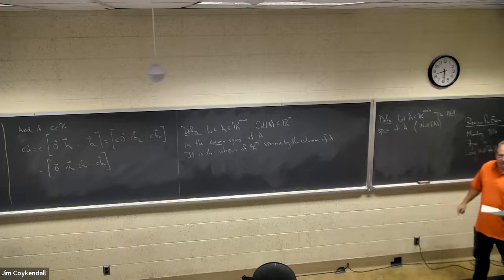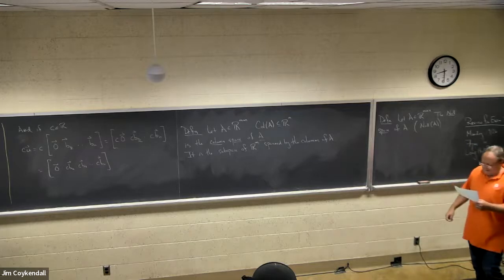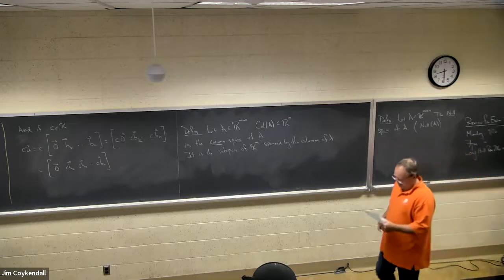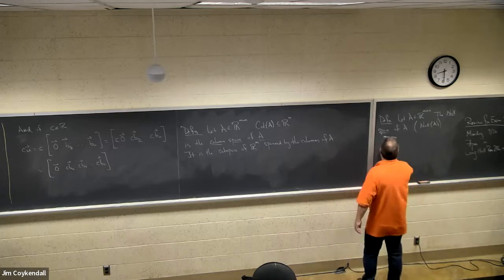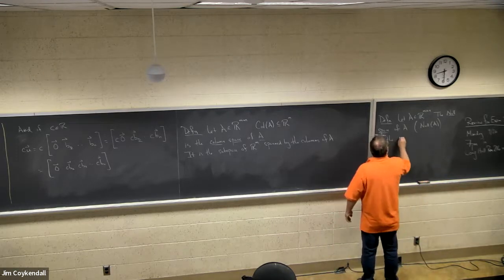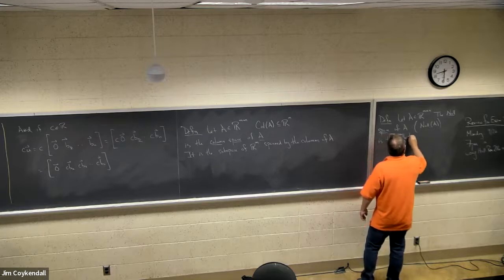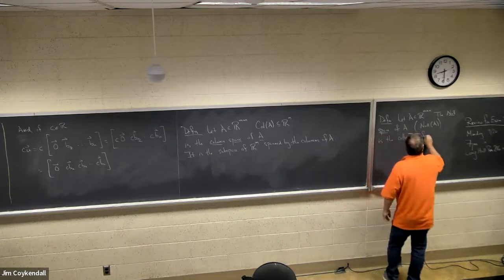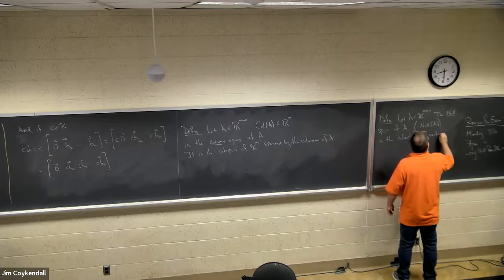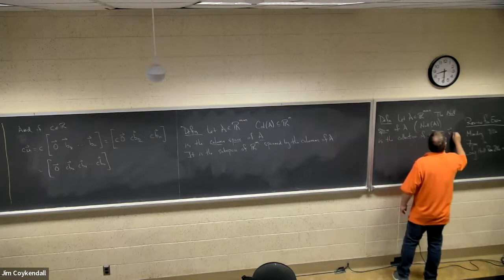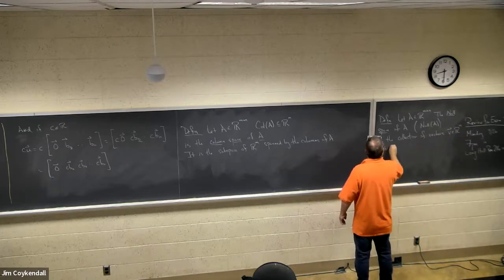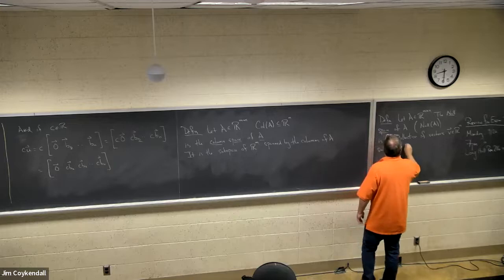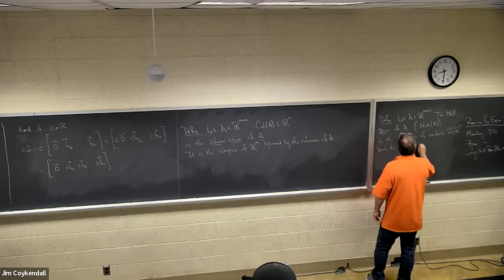Null A, like that, is the collection of vectors B in Rn such that AB equals 0.